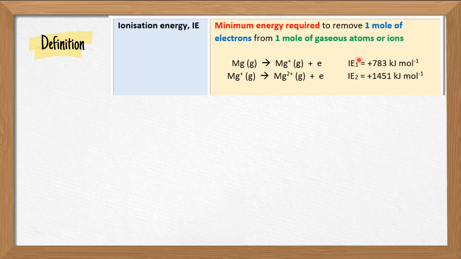So it is energy required to remove one mole of electron from one mole of gaseous atom. The second equation, energy required to remove one mole of electron from one mole of gaseous ion. So this is a revision. I hope everyone knows how to write the equations for IE.